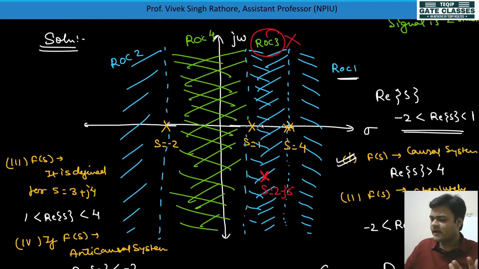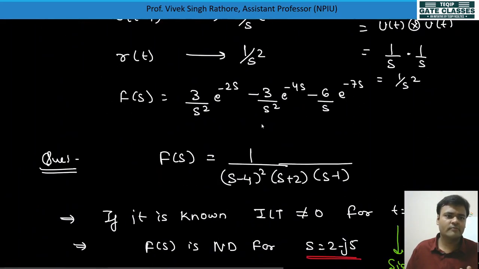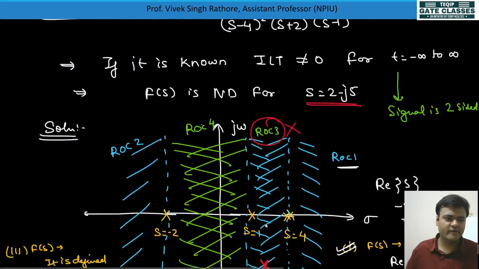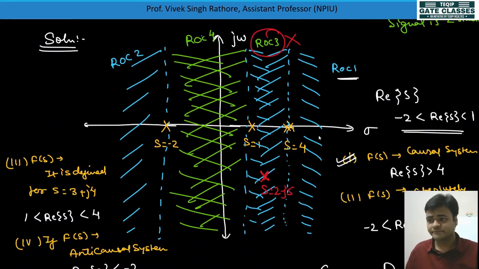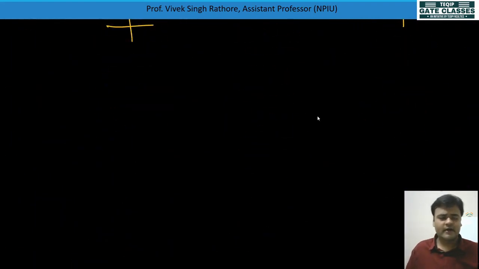So see, this is the brief analysis of the inverse Laplace transform, and we are seeing this ROC method. Questions can be asked like this. One question I'll discuss like this.